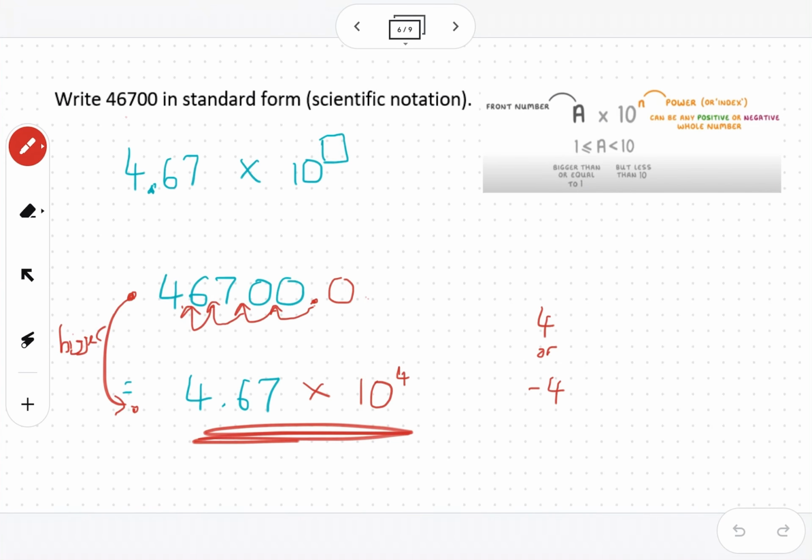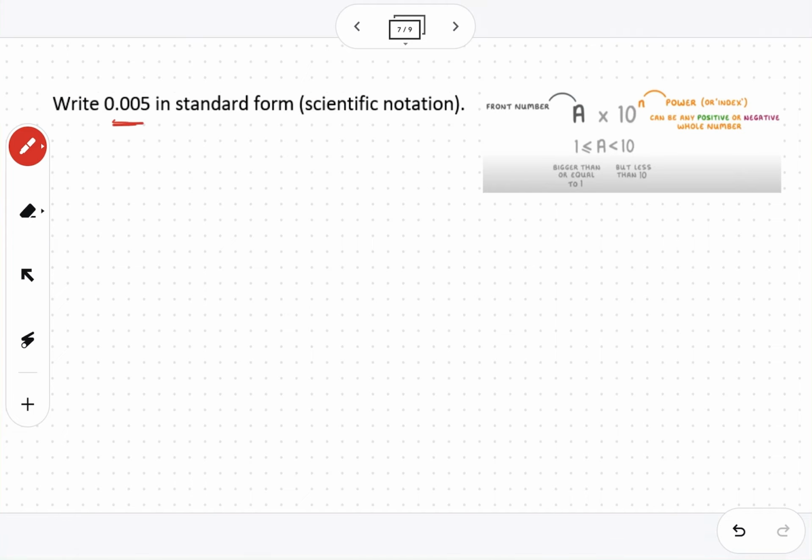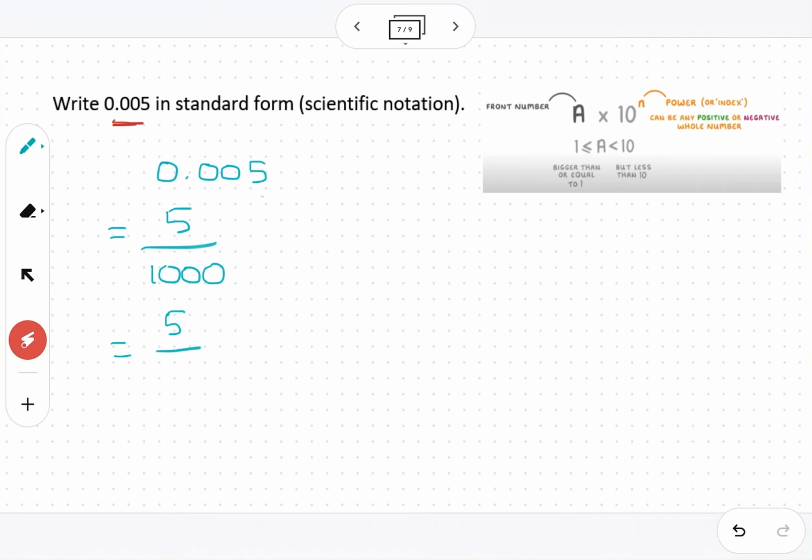Okay, now, this one is a whole number, right? But this one is a decimal. What do we do if it's a decimal? Okay, easy. You turn this into a fraction. So this is 5 over, remember the place value of this? It's thousandths. So 5 thousandths. Okay, so 5 over, this one you convert to its index notation, which is 1, 2, 3 zeros.